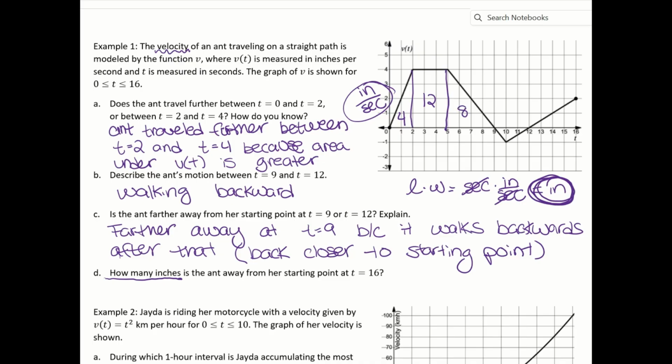From here, we've got a width of 3 and a height of 1, so this is negative 1.5. Here we've got a width of 4 and a height of 2, so this is 4. If we add these together, remembering the negative is where the ant is losing inches, working backwards, we end up with 26.5 inches. That's how many inches away the ant has gone from the starting point.